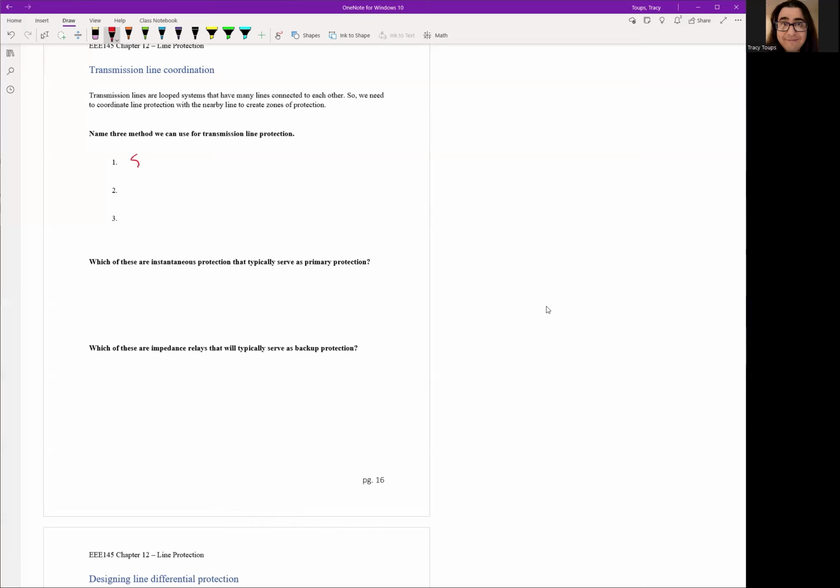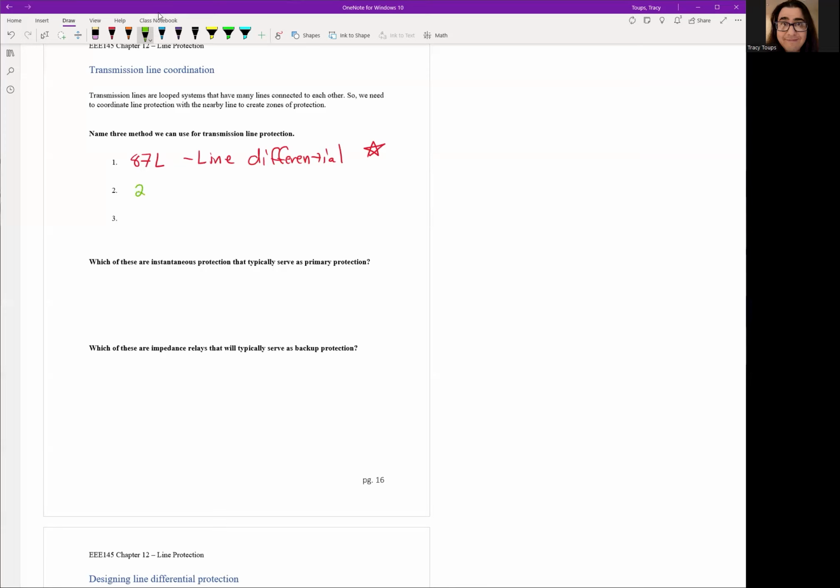Number 1 is your 87L relay, or a line differential. I'm going to put a star by this because this is everybody's favorite right now. Everybody loves this. And if you have a choice, line differential will always be the best.